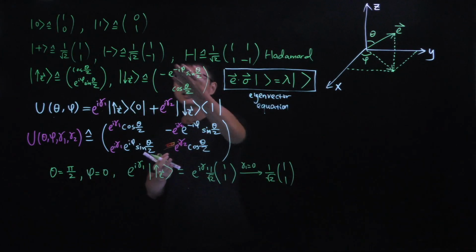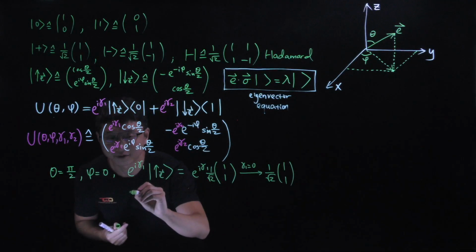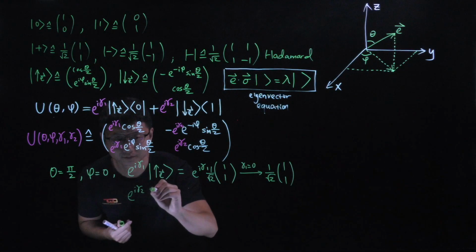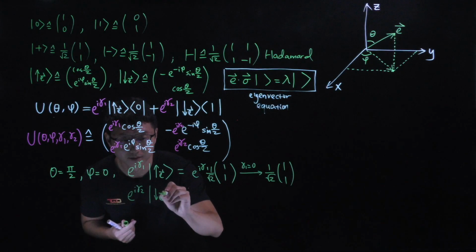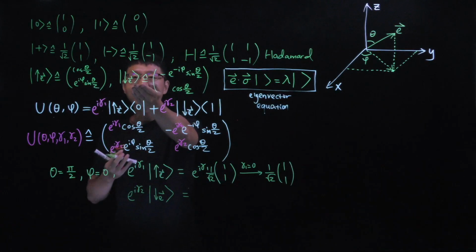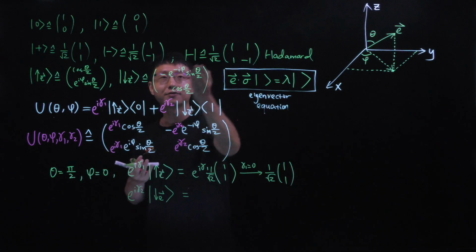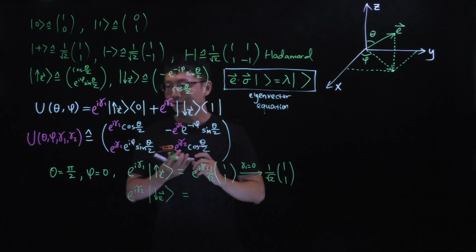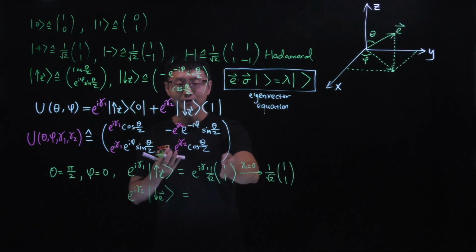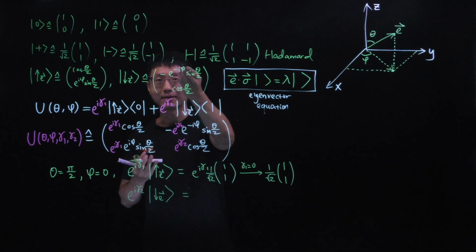Now, let's check how about the other ket. So the other ket is e to the power of i gamma 2 times the eigenket written down over here. So for the case of pi over 2 for theta, cosine and sine are both 1 over root 2 of 1 and 1. And for phi equals 0, so here we have minus 1.